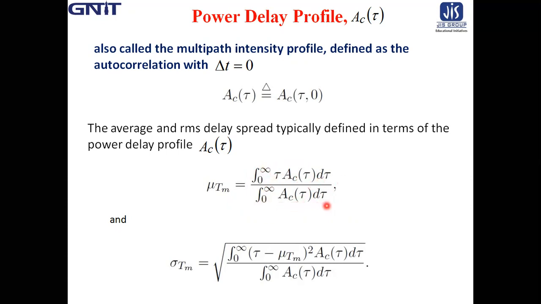And sigma_Tm is the square root of the integral from 0 to infinity of (tau minus mu_Tm) whole square A_c(tau) d tau, divided by the integral from 0 to infinity of A_c(tau) d tau.